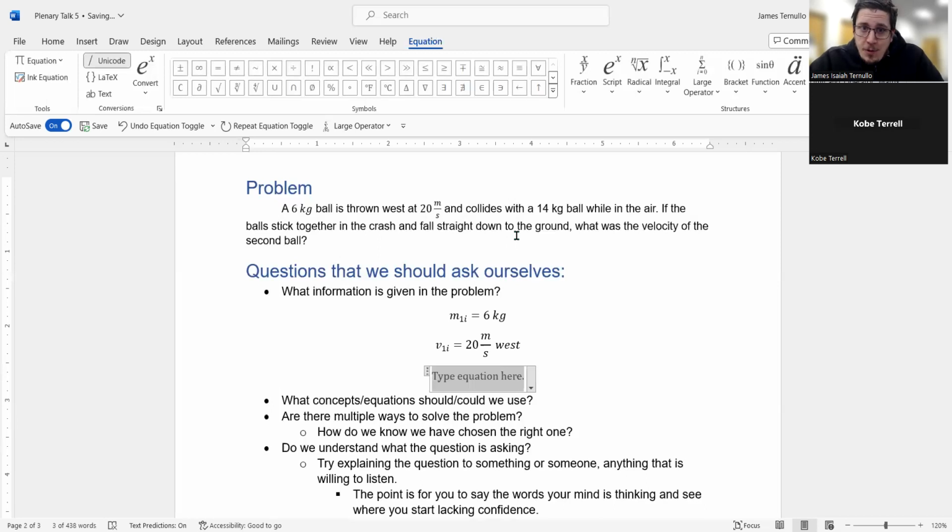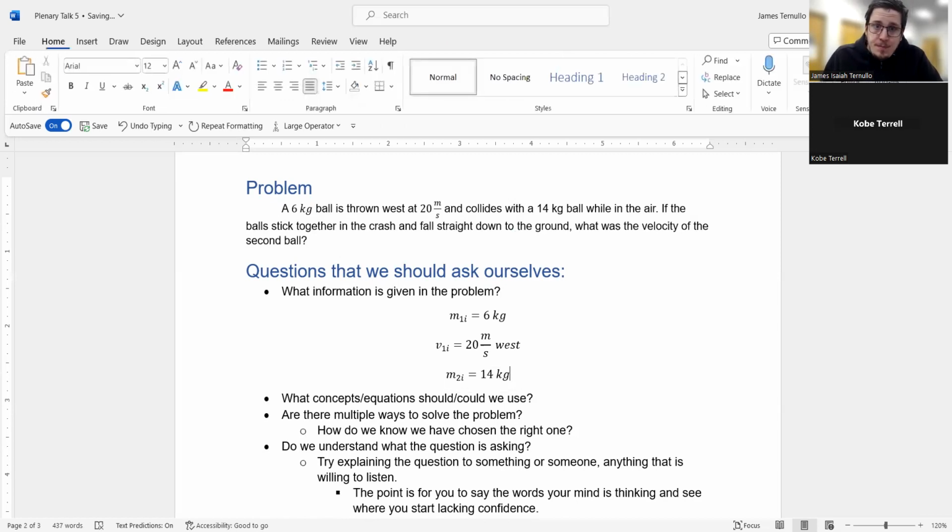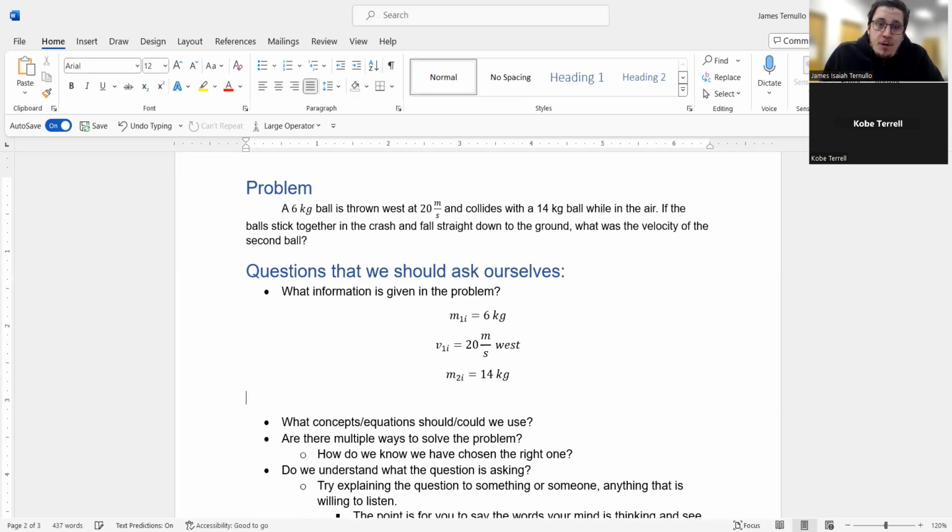So then from there, we're told that it collides with a 14-kilogram ball while in the air. Okay, so this 14-kilogram ball, we're going to label that object 2. And we're going to say that its initial mass is 14 kilograms. Okay. Now, we're not told anything about its velocity, but we are told that the balls stick together during the crash and that once they collide, they fall straight down to the ground.